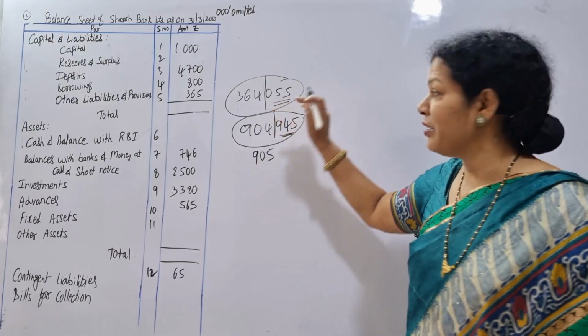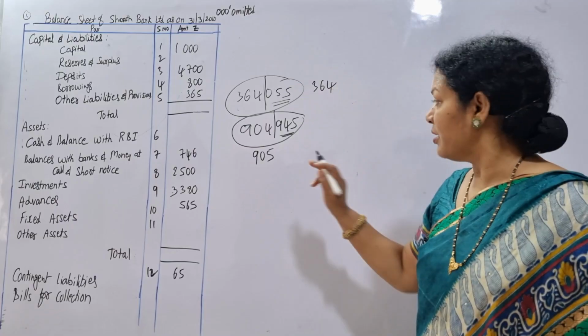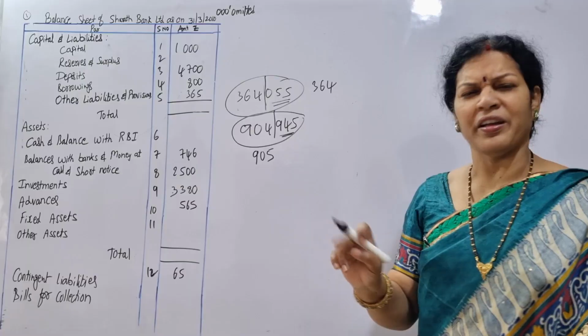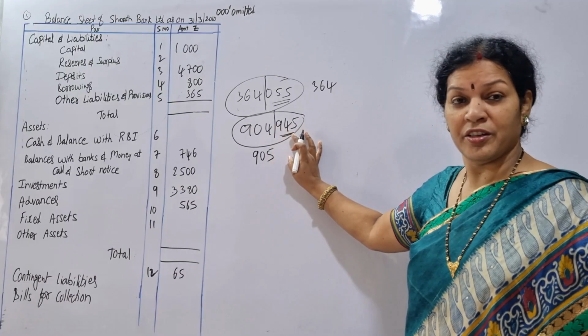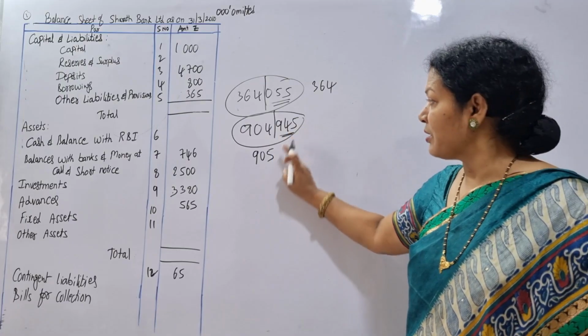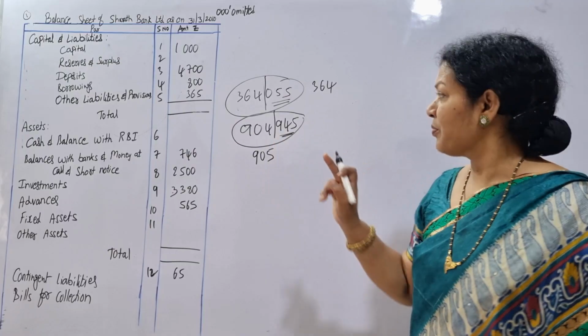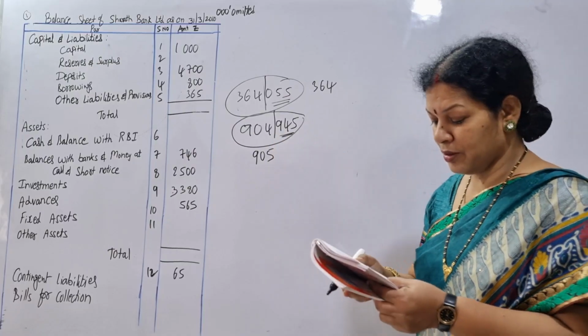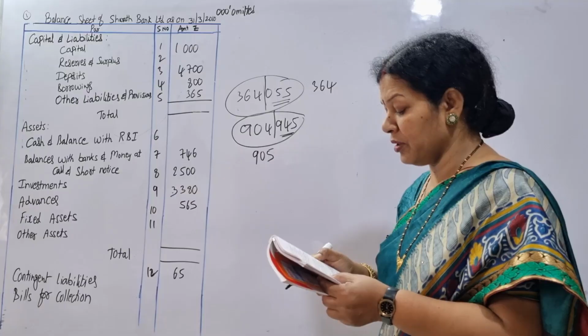Here below 500, so we took 365, 664 only. Anything from 500, 501, to 999, we can consider it as 905. So this is reserves and surplus, second schedule, 905.